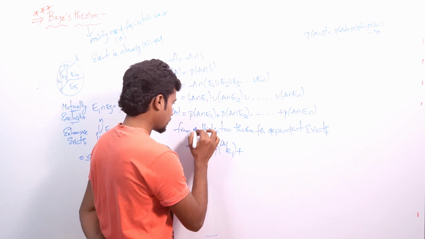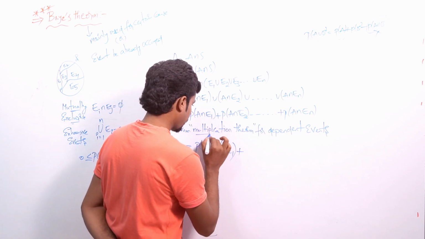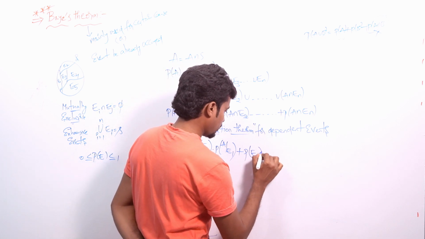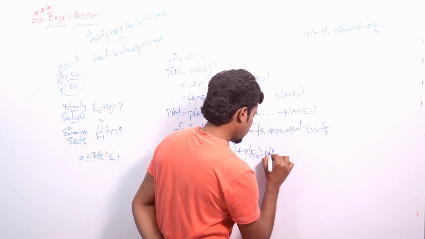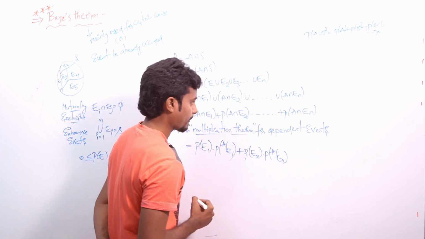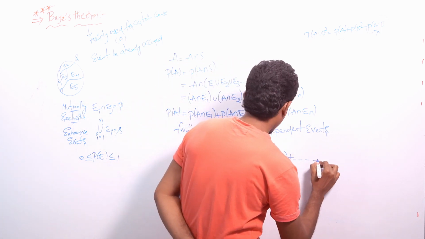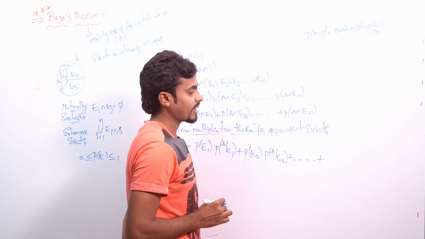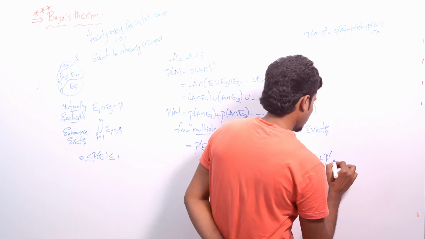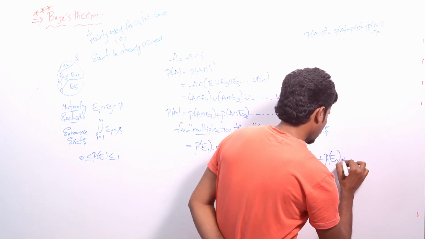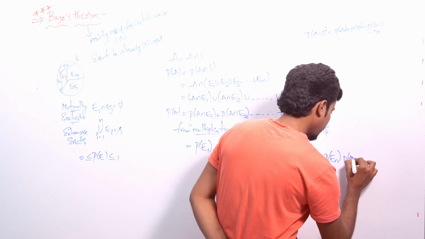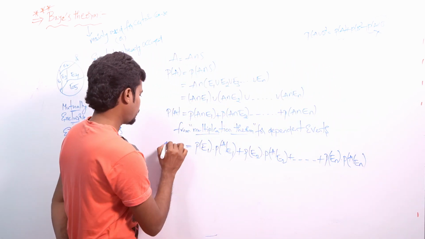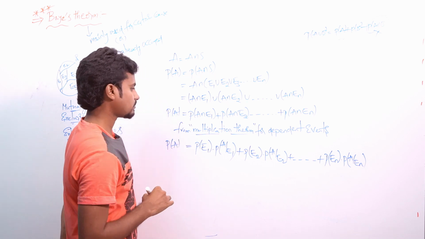If you apply the multiplication theorem for this, it will be P of E2 into P of A divided by E2. And so on, for P of A intersection En, it will be P of En into P of A divided by En. This will be the P of A.